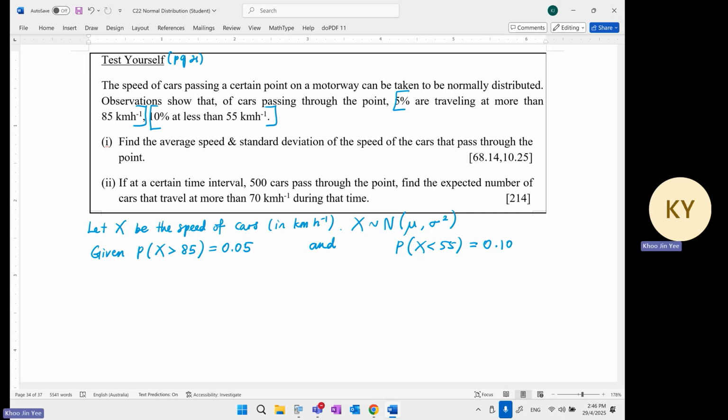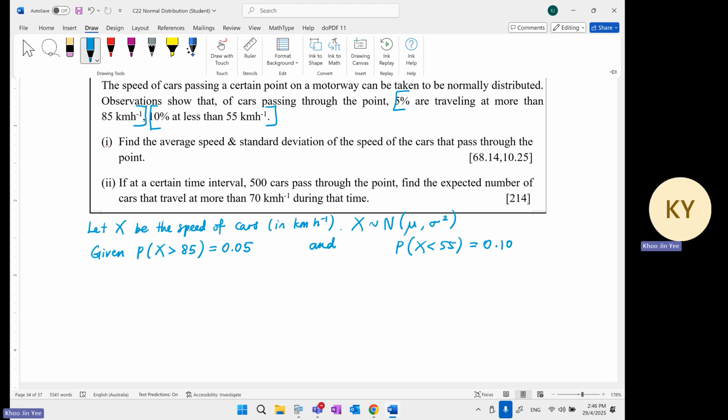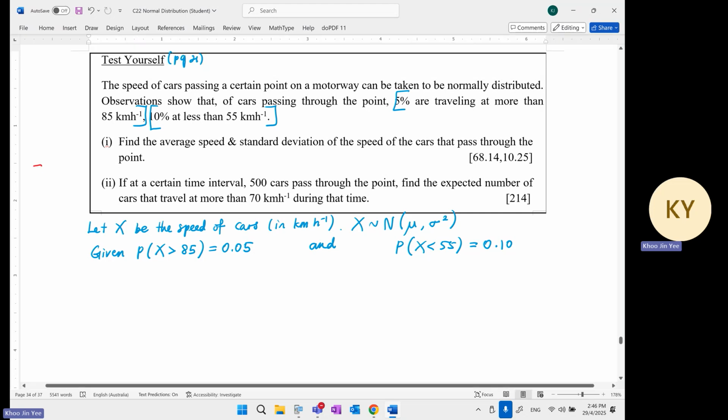So there's no unknown over here other than the mean and the standard deviation, which we are supposed to find. Because of that, we need to standardize. How do we standardize? We make use of this formula: Z equals x minus mu over standard deviation.